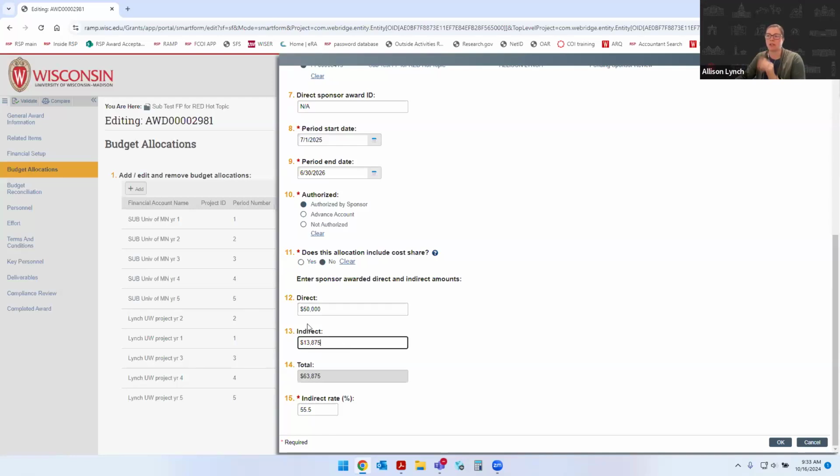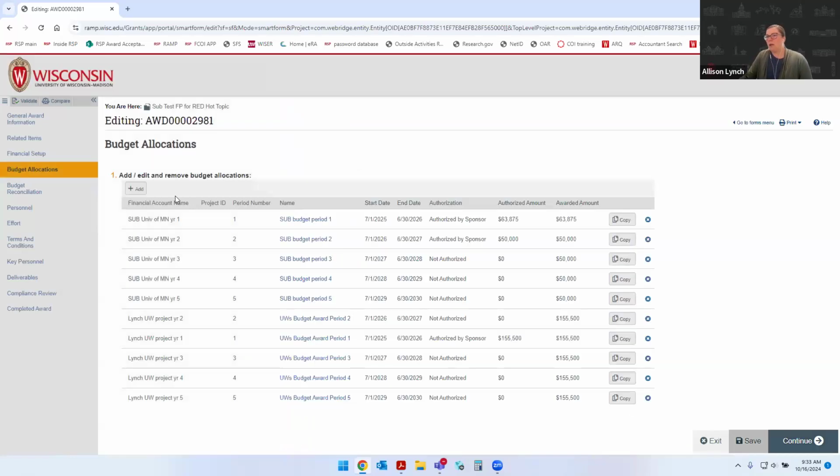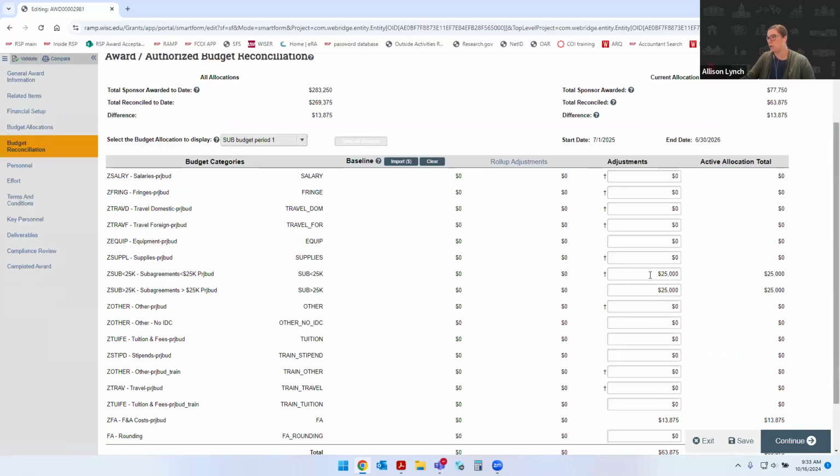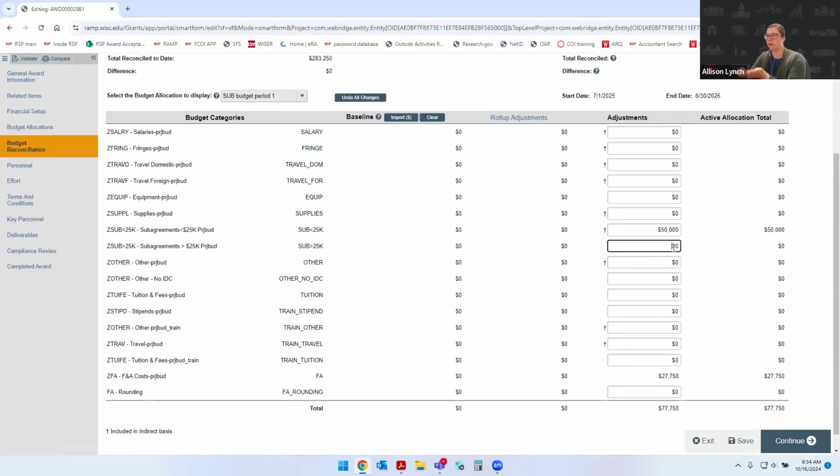I can't speak to that, but I'm just going to do a demonstration here. Let's say we still stick with $50,000, and the F&A would now be $27,750, because that's 55% on $50,000. And then for the reconciliation for budget period 1, this still calculates.